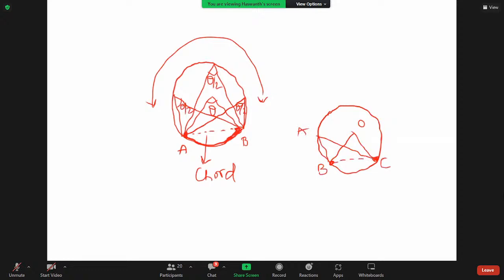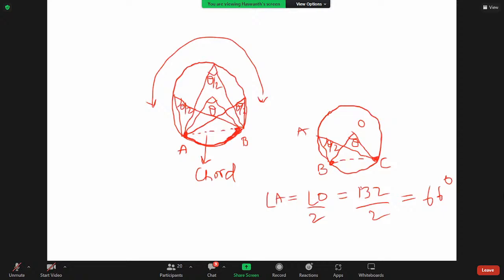If this arc BC or chord BC subtends an angle theta at the center, the angle it subtends in the remaining part of the circle is theta by 2. So angle A is angle O by 2, which is 132 by 2. We get it as 66 degrees. Half of what it makes at the center.